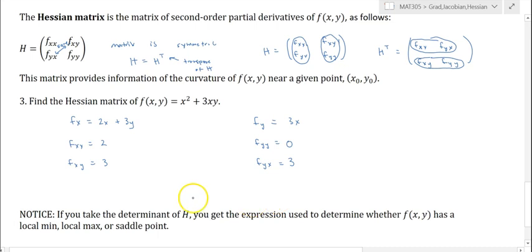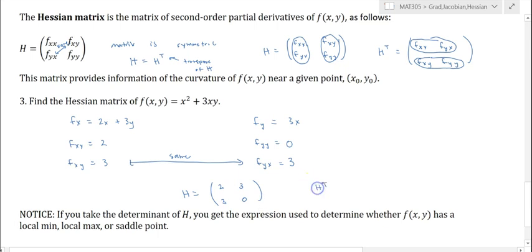Okay, so the Hessian has as its entries, and notice again, these are the same, and we've learned that the mixed partials will always be the same. So this will explain why it's symmetric, right? And so now we have at the top fxx, at the bottom we have fyy, and then here technically we have fxy, which is the same as fyx.